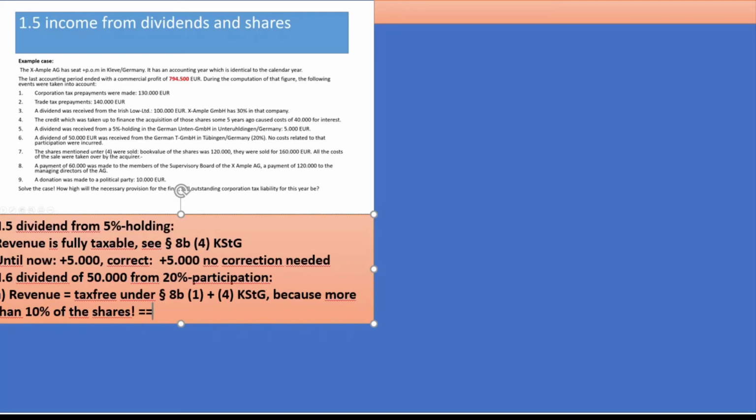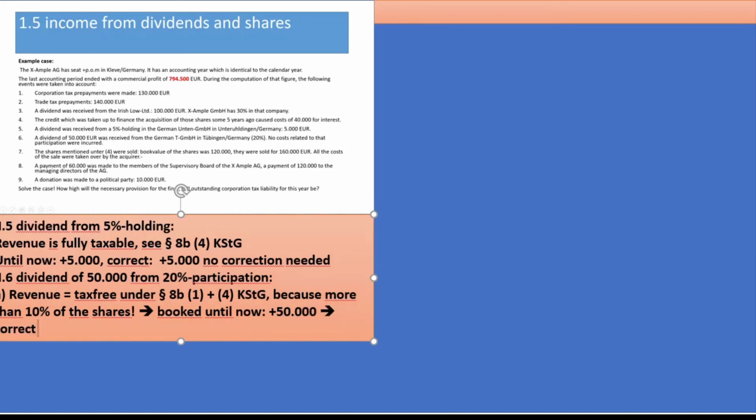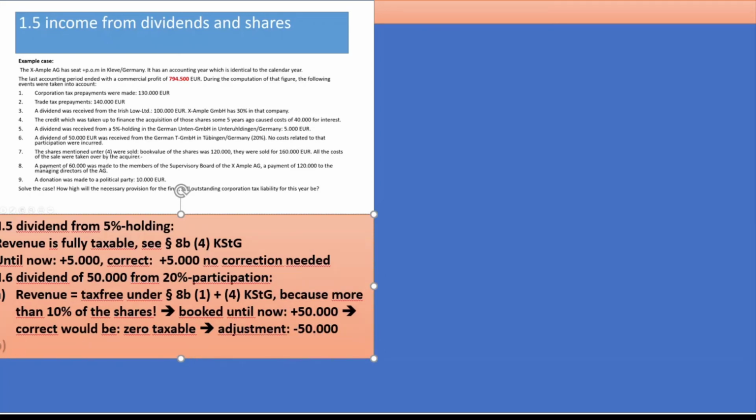That means booked until now have been plus 50,000. Correct would be 0 taxable. So adjustment minus 50,000.